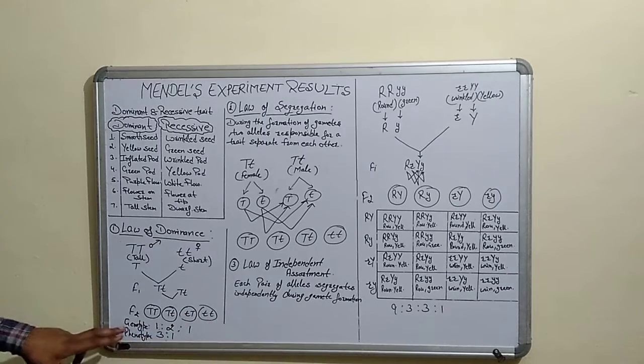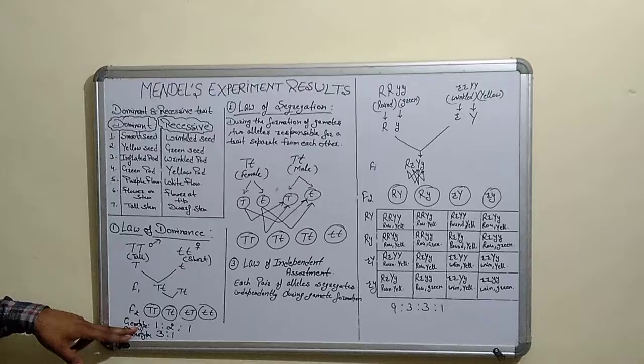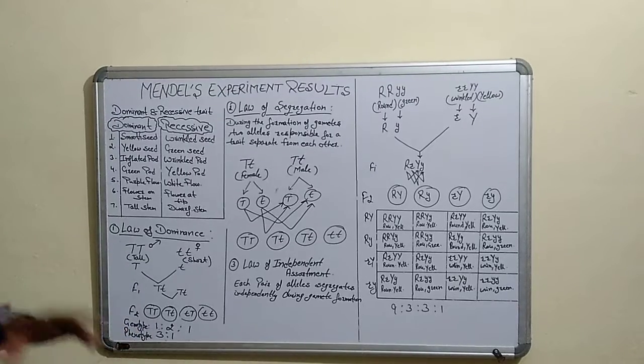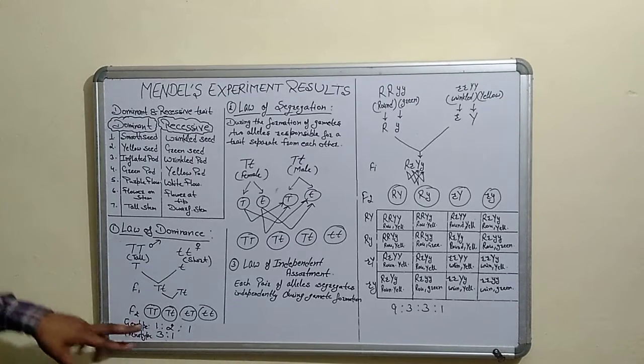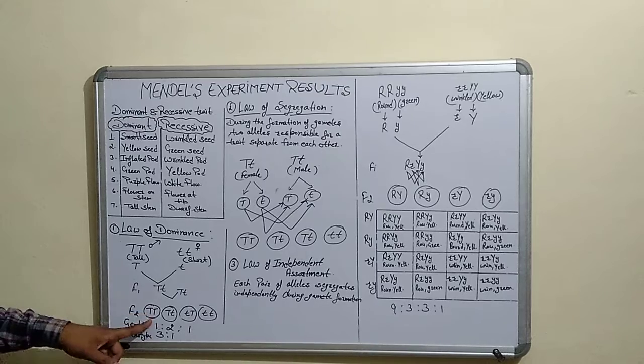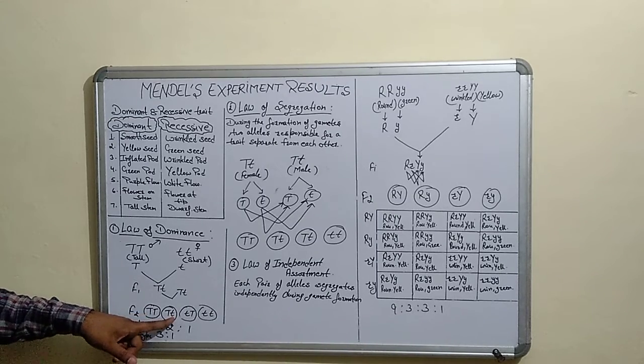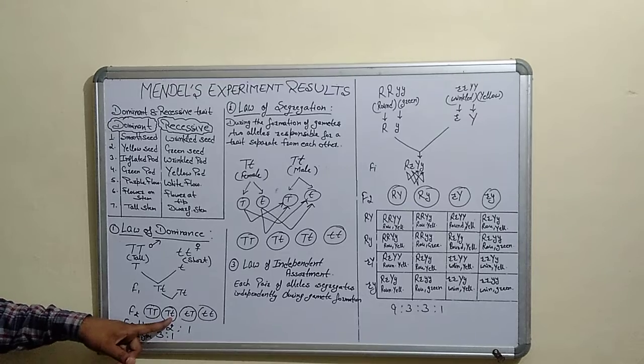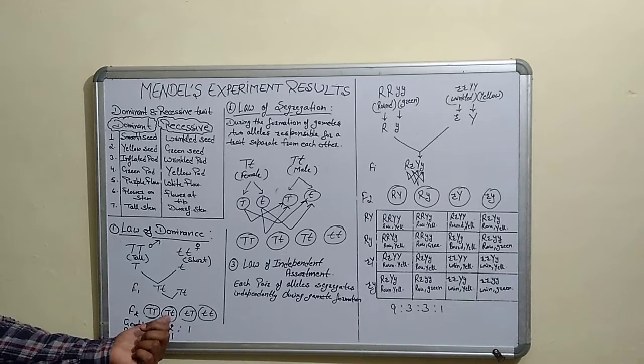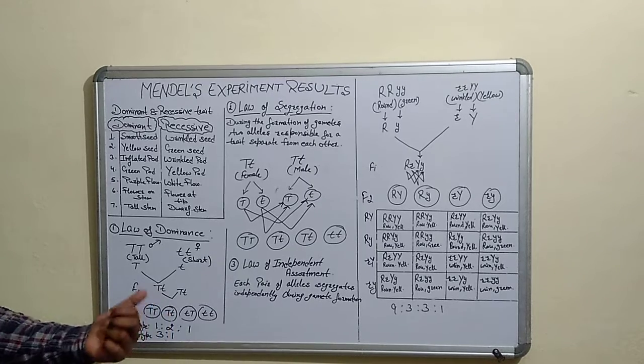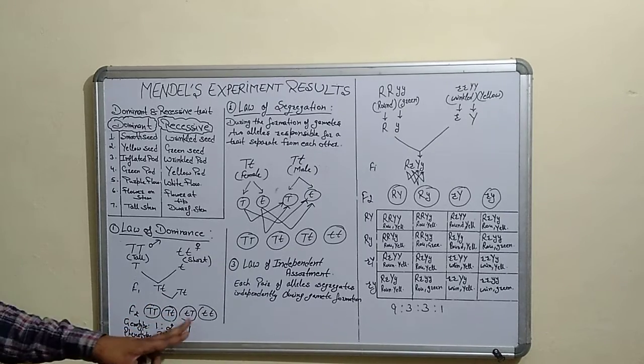See, genotype and phenotype. Genotype is the genetic constituent, the combination of genes. Phenotype is the morphological appearance. TT is homozygous dominant. Small t with capital T: because T is the dominant character, this is a heterozygous dominance, a hybrid dominance. Here is again hybrid dominance, and small t is the same.